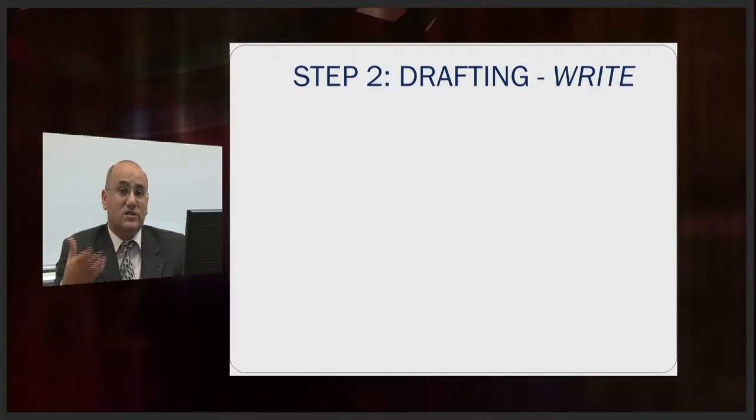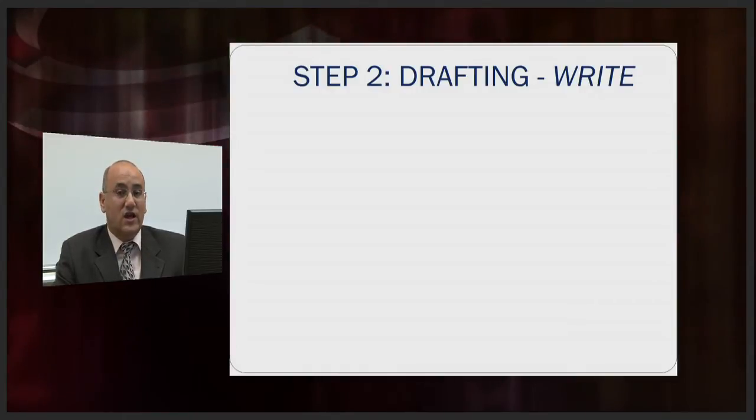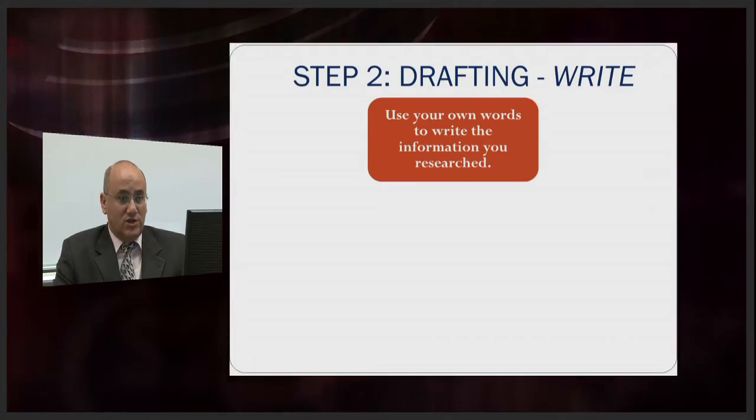Then we start the second stage, stage number 2 or step number 2, which is drafting. And as we said before, drafting means to write. Now you are starting to write. You remember that we made some research.